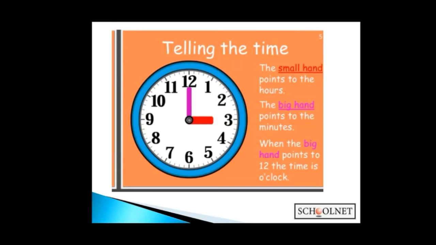When the big hand points to 12, the time is 3 o'clock, because here the short hand shows 3 and the long hand shows 12, which means the time is 3 o'clock now.